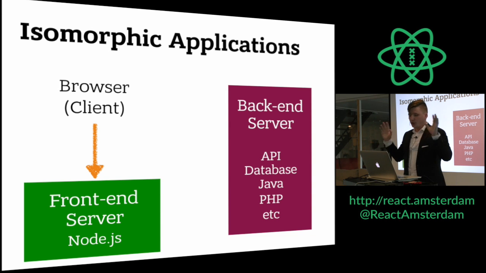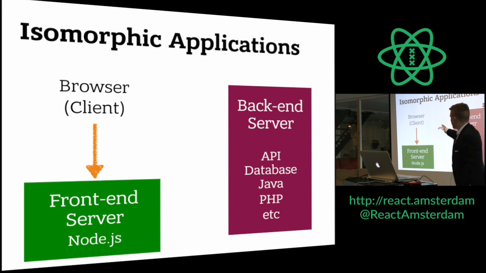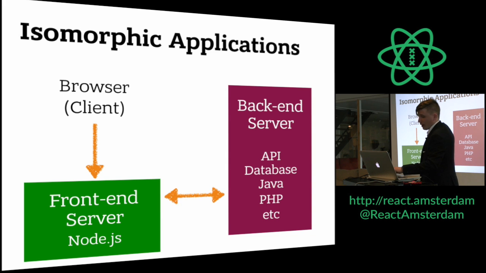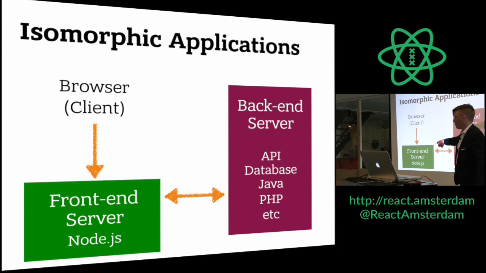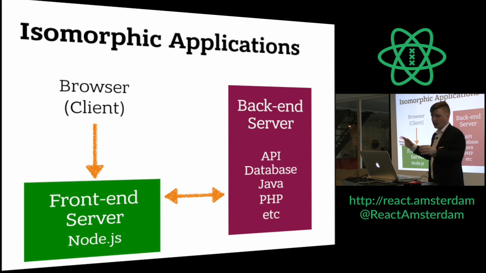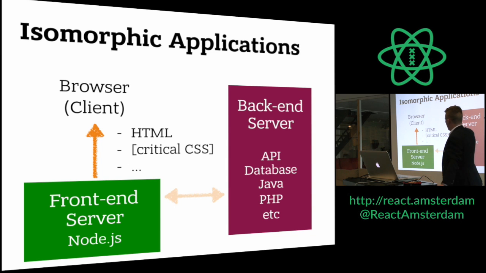So generally, isomorphic applications look like this: your browser submits a request to the front-end server, which is written in Node.js, and this Node.js server handles the request and gets data from an external API, from a database, from Java, PHP, any else of your previous backend, and then compiles HTML with this data and provides it with critical CSS to the browser, like in the 2000 era, for example, when we didn't have client JavaScript.